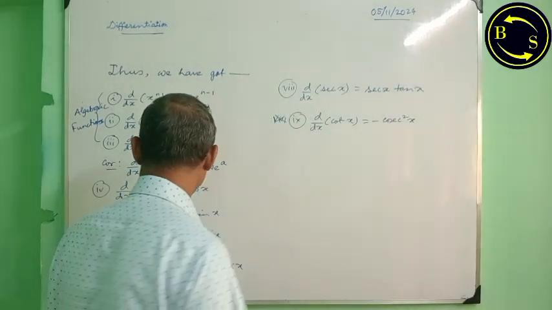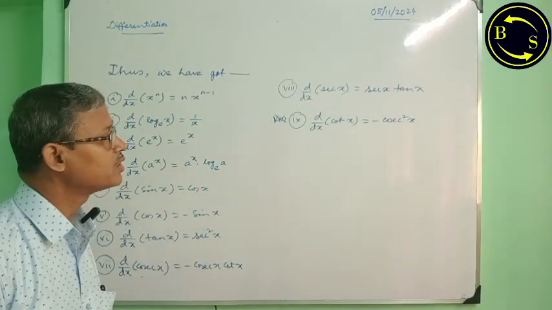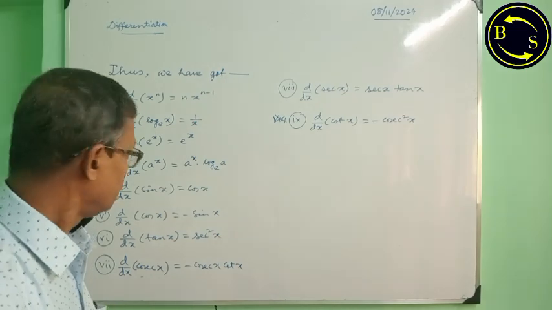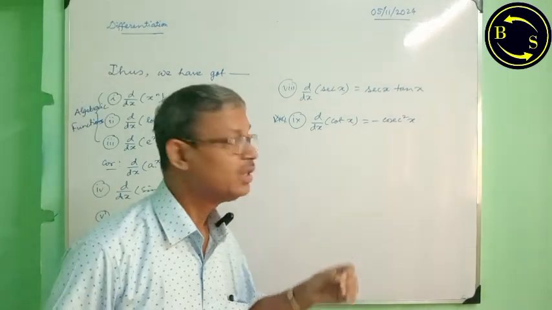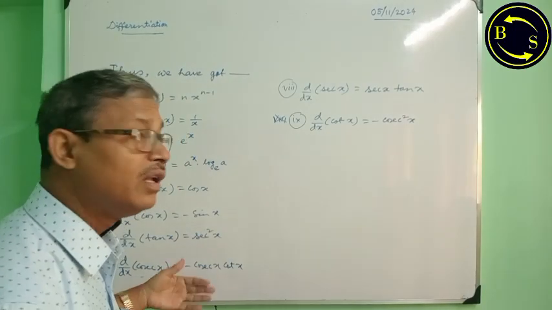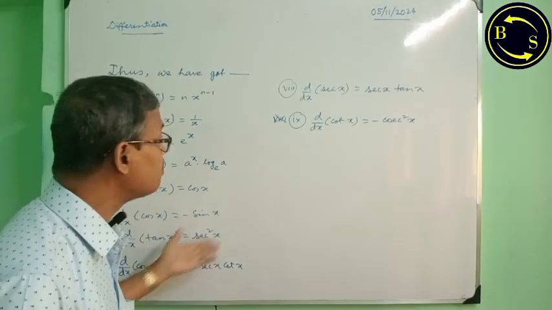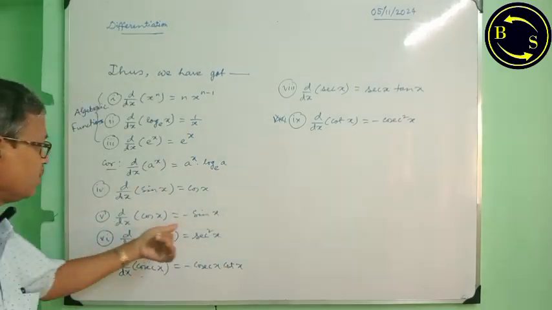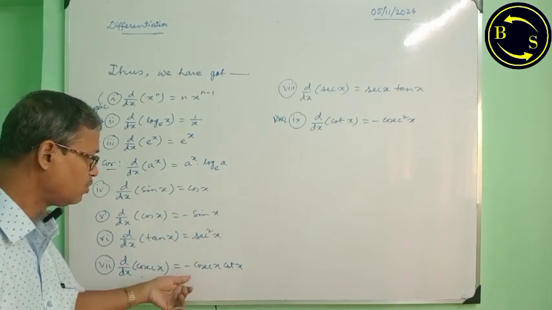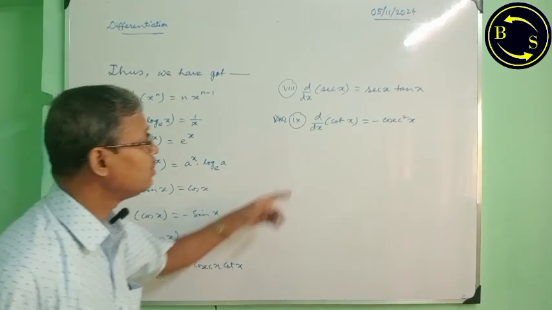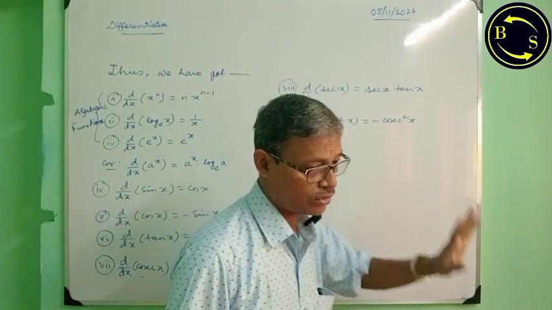Therefore, in case of trigonometric functions, the derivative of the function starting with the letter C will have a negative sign: d/dx of cos x equal to minus sin x, d/dx of cosec x is equal to minus cosec x cot x, d/dx of cot x equal to minus cosec square x.